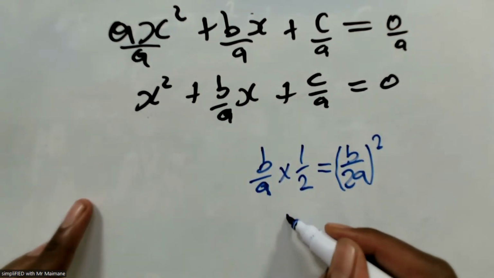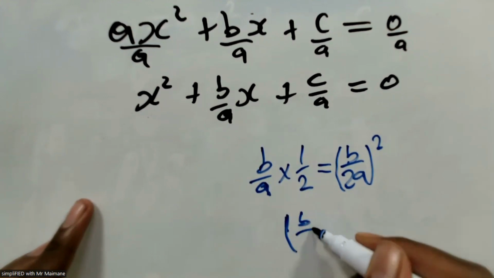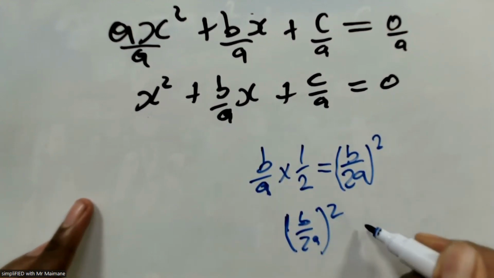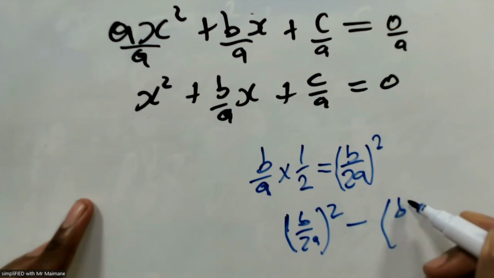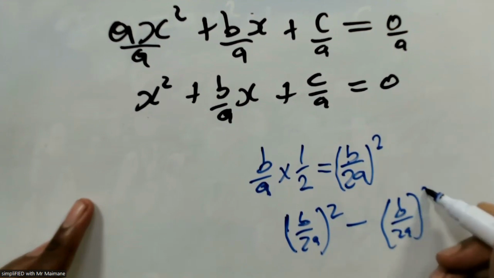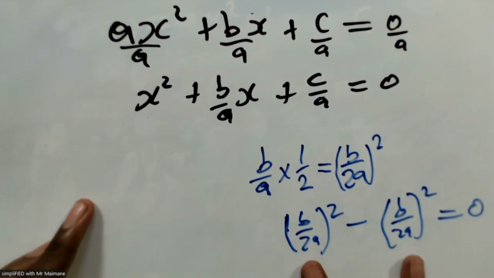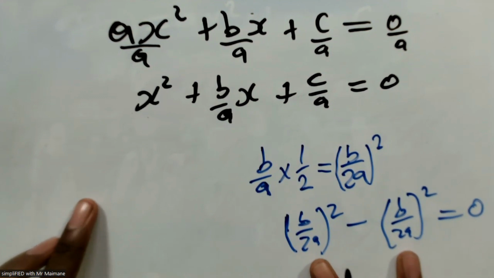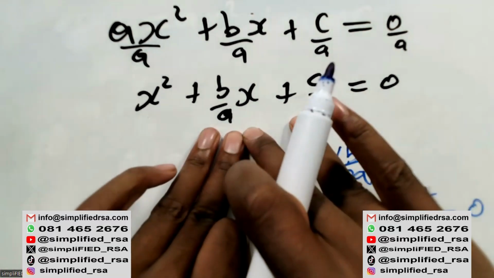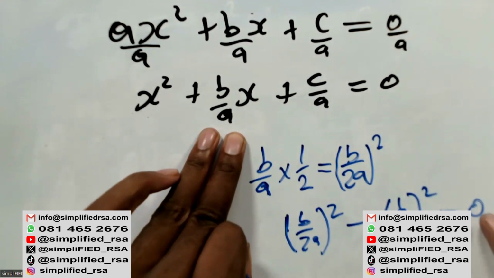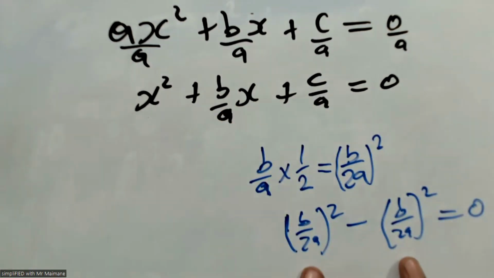Whenever I say b over 2a squared minus b over 2a squared, this equals 0, just like I haven't done anything. We are just manipulating the equation, like adding a 0 to it in this form, because 0 can be represented in many different ways, right?